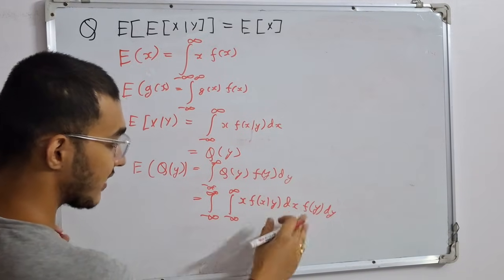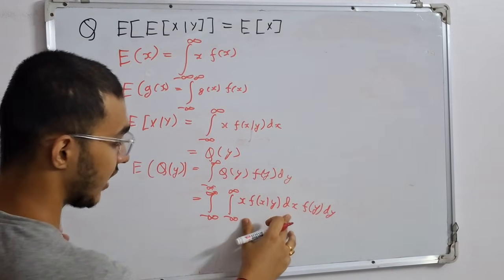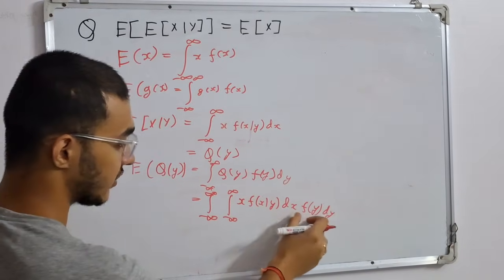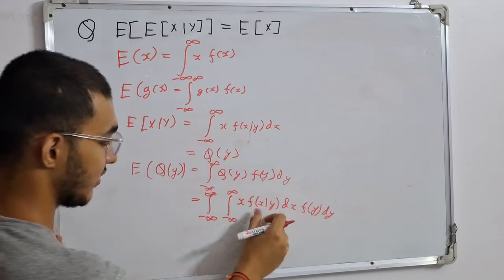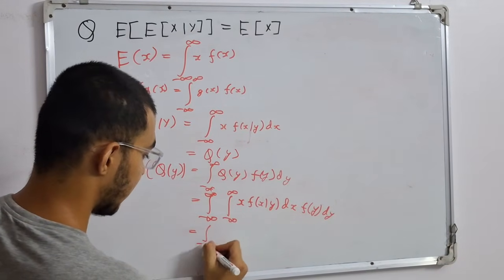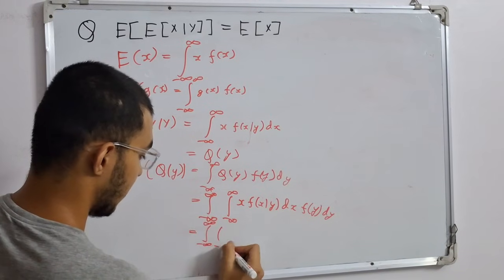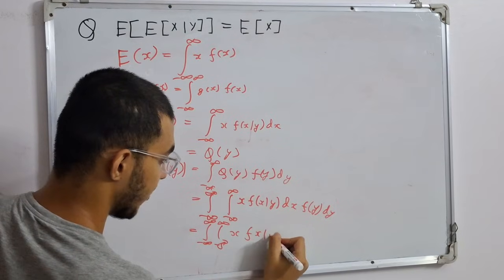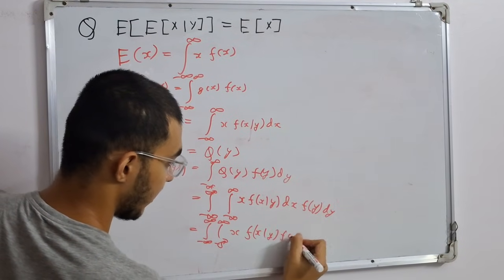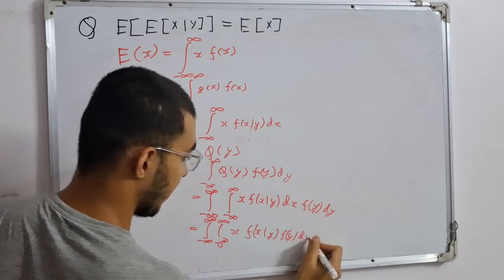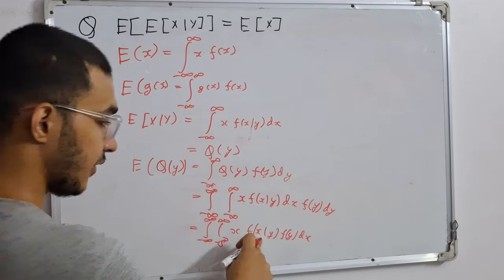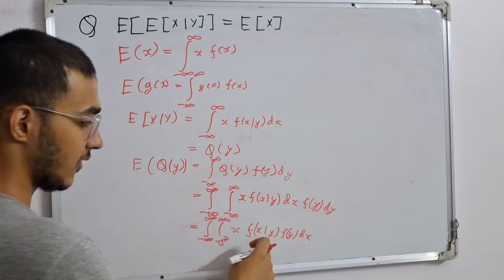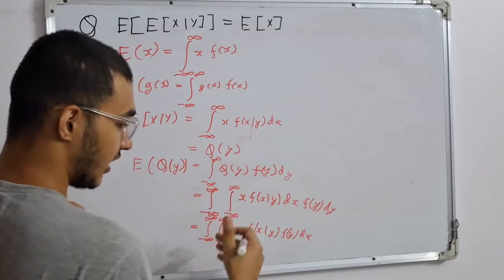So as this is an integration with respect to dx, we can treat y as constant, so we'll take this f(y) inside the integration and it will become integration minus infinity to infinity of x f(x given y) f(y) dx dy. Now as we know, f(x given y) multiplied by f(y) equal to f(x,y), the joint distribution.